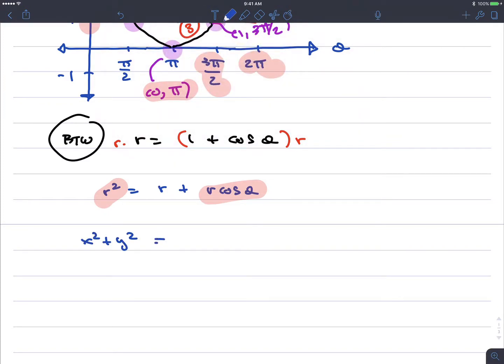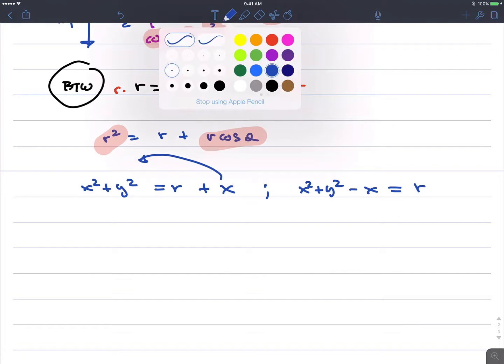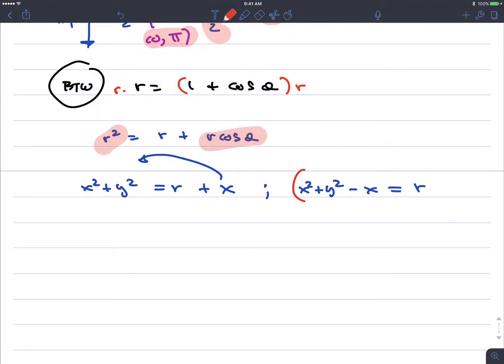And what's r cosine theta? Translate your x. X squared plus y squared minus x is what? Is r. What should we do now with this? Square this. Don't complete the square.